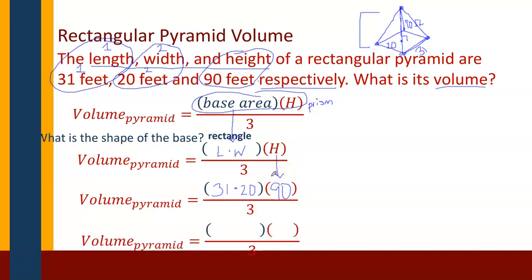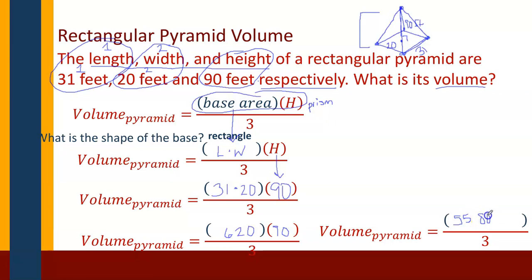So then I'm going to use a calculator and I'm going to type in 31 multiplied by 20, and I get 620. And then I multiply that by 90, and I get 55,800.